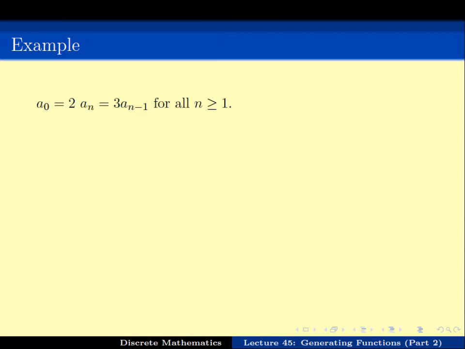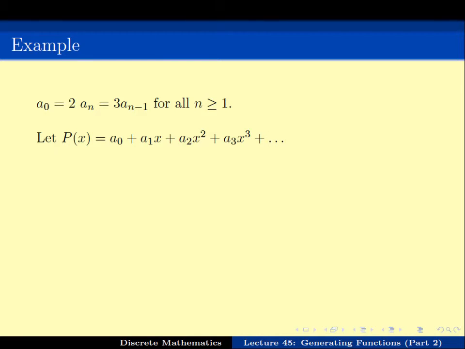We start with the simple one, and slowly we will handle more and more difficult recurrences. So this is a simple recurrence: a0 equals 2, an equals 3 times an minus 1.